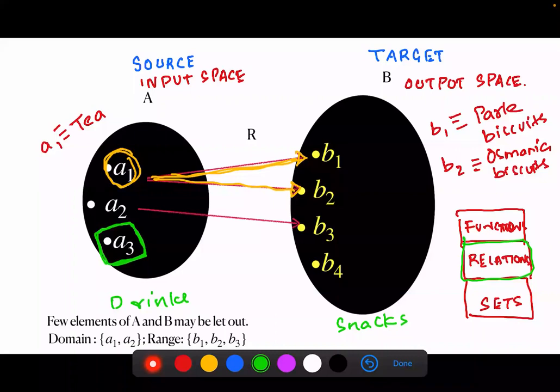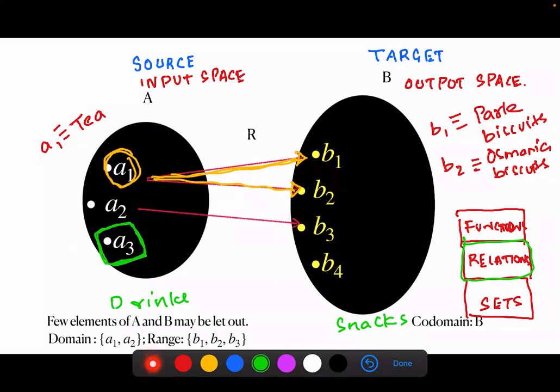Now, codomain is very simple actually. Codomain is all the elements in your target set, whether they are connected or not, it doesn't matter. So all of this, B1, B2, B3, B4. You can imagine B2 could be some snack item. Maybe I will put some examples.